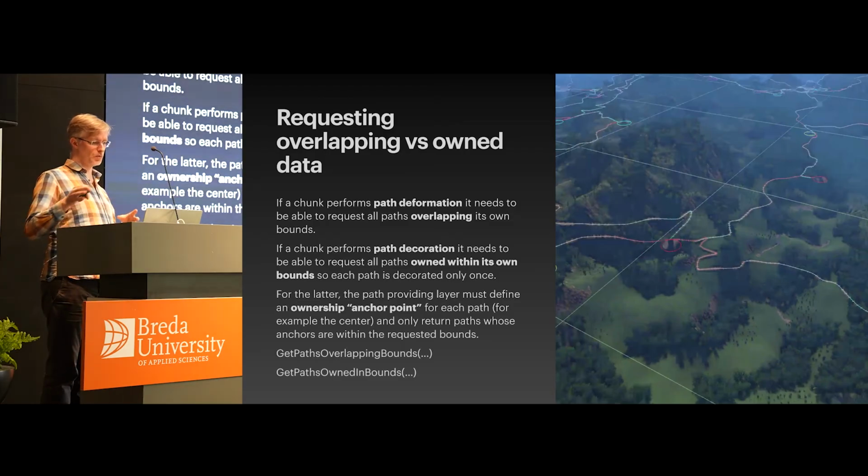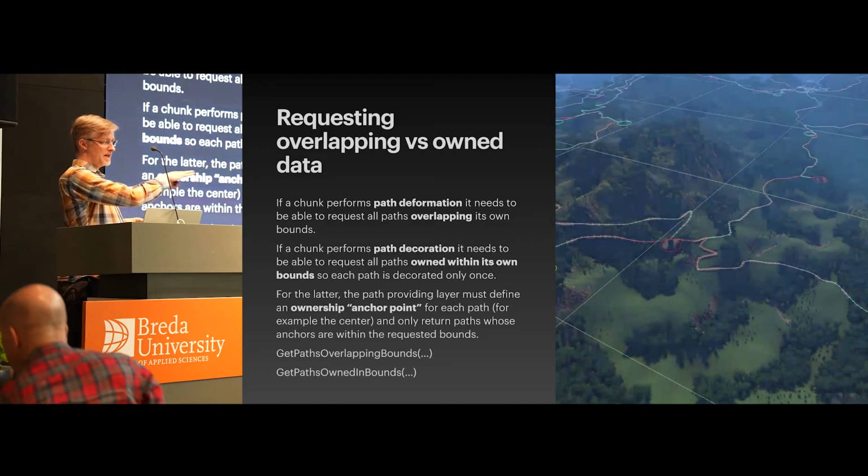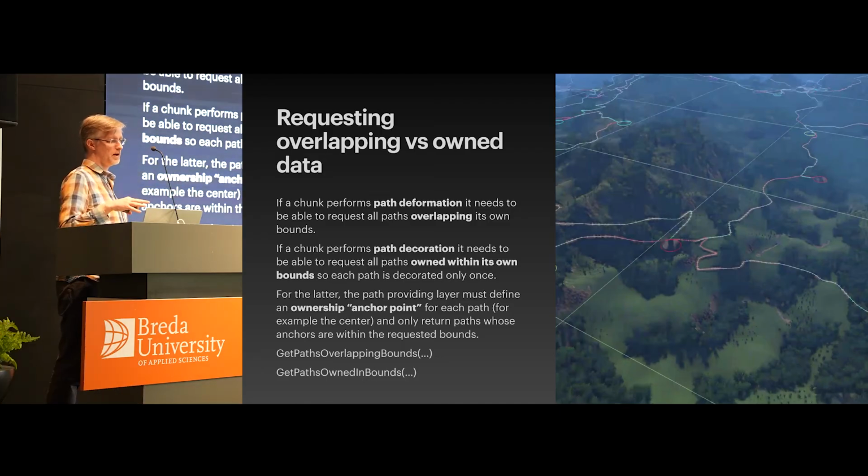For example, when we're talking about paths going through the terrain, if you need to do path deformation, like flattening the ground where the paths are, then the chunk that needs to do this work needs to get all paths that overlap that chunk, so that the paths can seamlessly be deformed in exactly the same way on both sides of a chunk boundary. So it would need to request all paths that are overlapping its own chunk bounds.